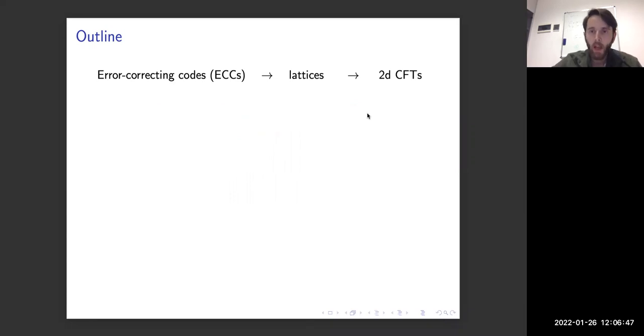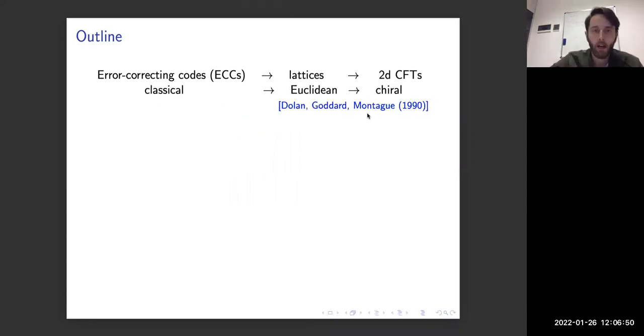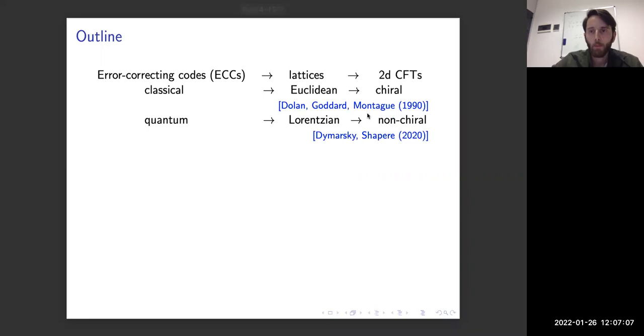Okay, and this is a pretty old idea. It's been known since 1990, when Dolan, Goddard, and Montague used this idea to solve some problems in the classification of chiral 2D CFTs, which are related to classical error correcting codes. Recently, there's been some new interest in this.